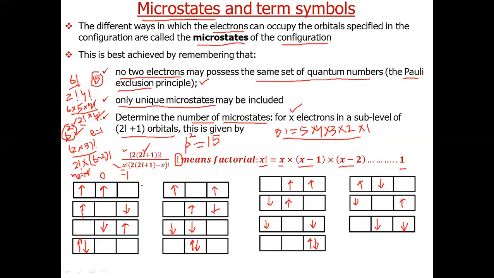So you can see these are 15 unique arrangements for a p2 configuration. We will call these unique arrangements microstates. There are 15 microstates for a p2 configuration.